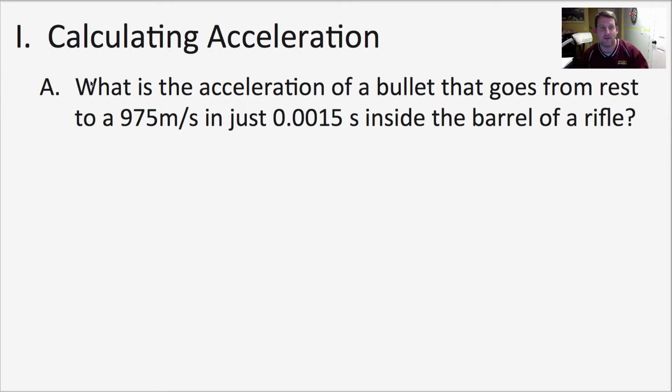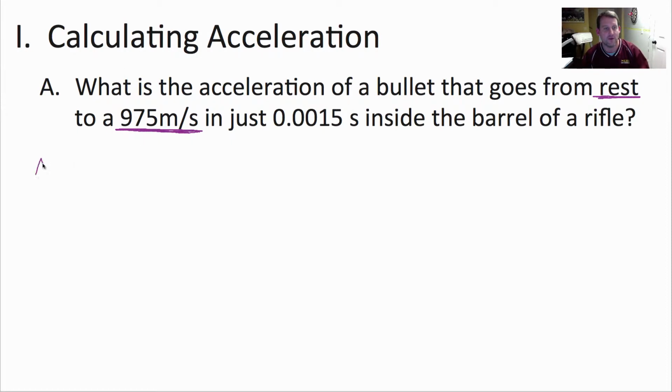Now, as with any problem, we're going to first write down what we know and don't know. So in this case, we know that our ending velocity is 975, and our starting is rest, which is, of course, 0 meters per second. Now, unless I know two velocities, I don't know my change in velocity.